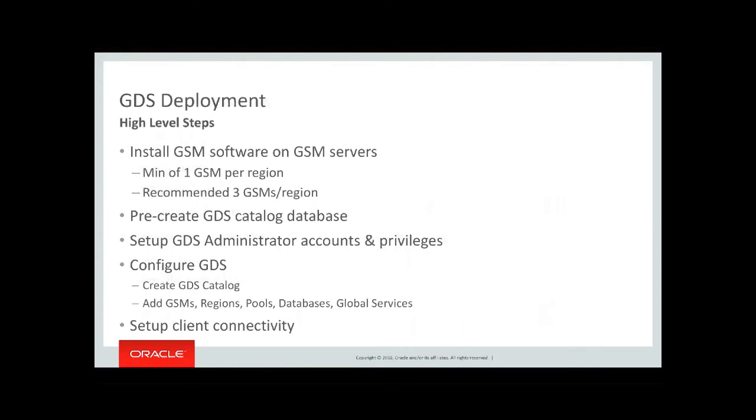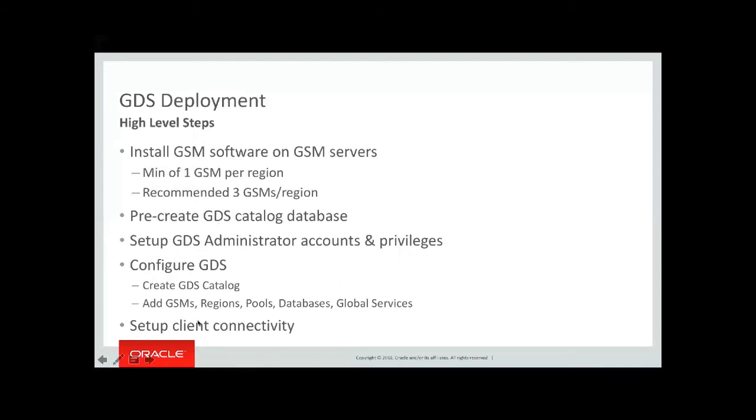Okay. Now, how do I deploy GDS? It's quite simple, right? At a high level, just like you have database media and client media till now, starting with 12.1, you also have GSM media, the Global Service Manager media, that you download and install on various small-scale VMs where you run the Global Service Managers. Then you pre-create a catalog database, right?